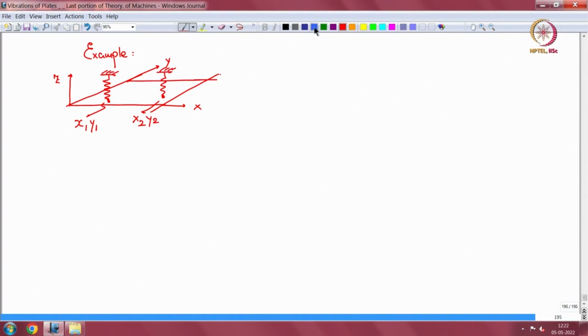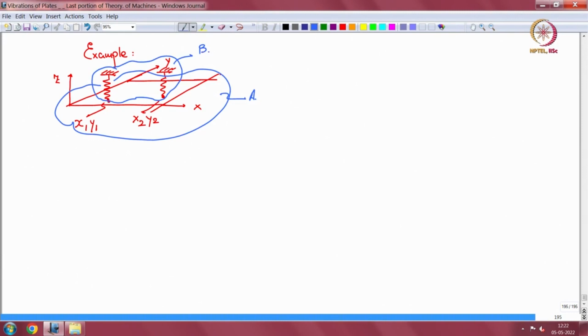So now this plate is system A for us, and these 2 springs are system B for us.